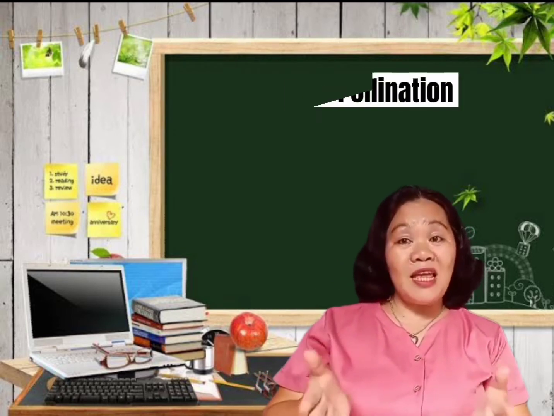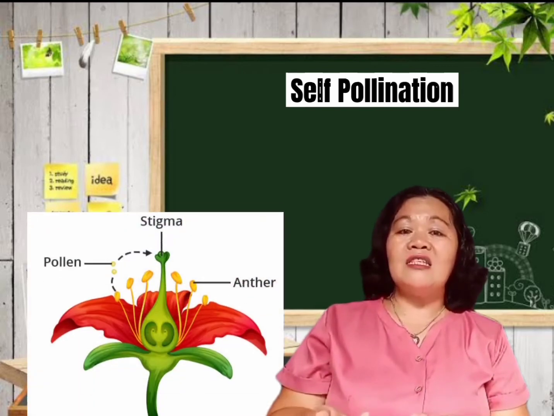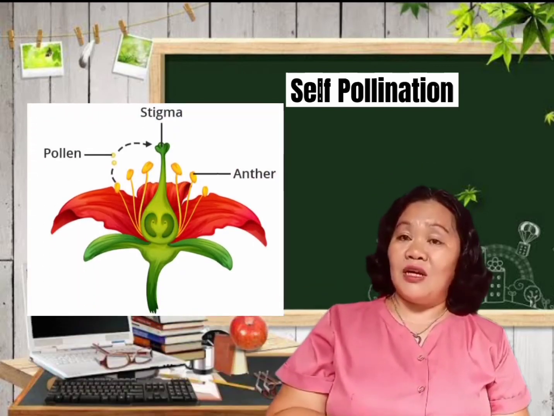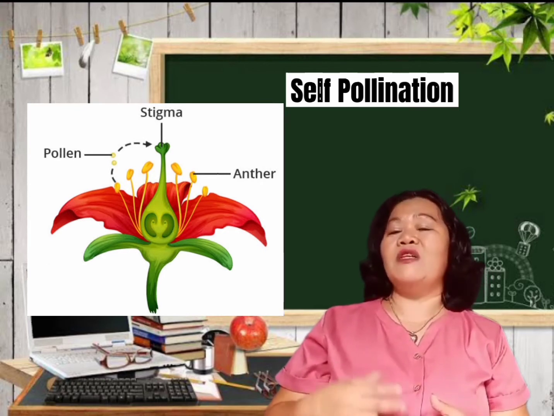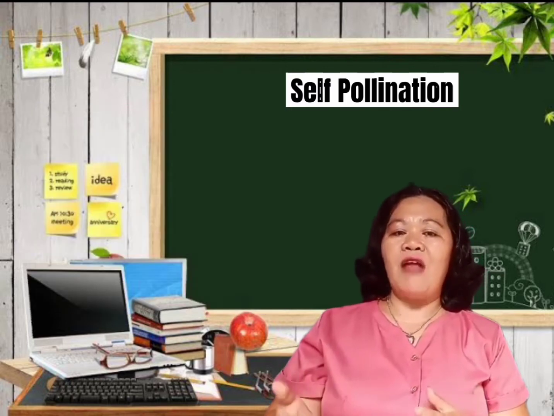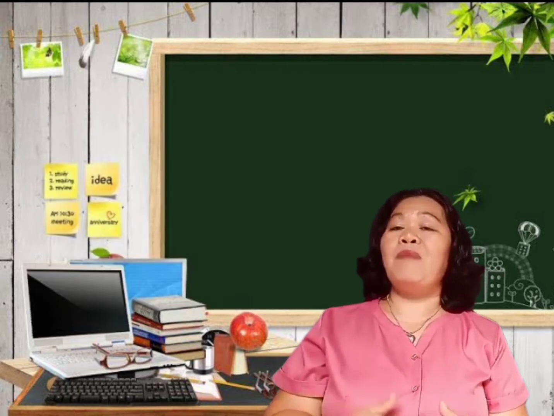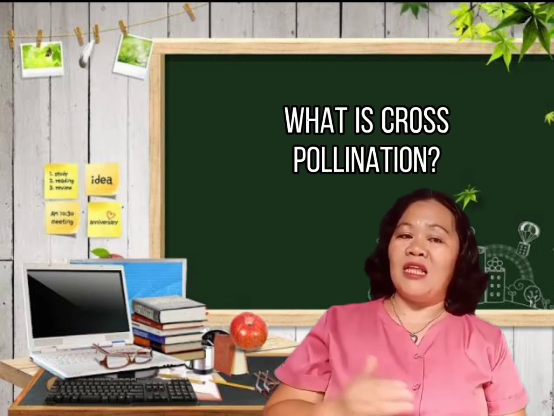Now, self-pollination occurs when pollen grains transfer from the anther to the stigma of the same flower or of another flower on the same plant. Okay, that is what we call self-pollination.